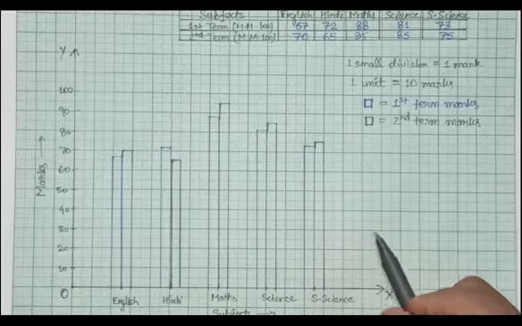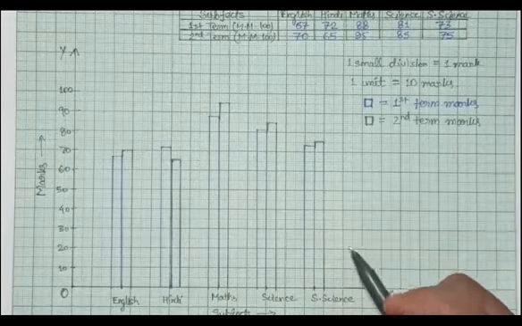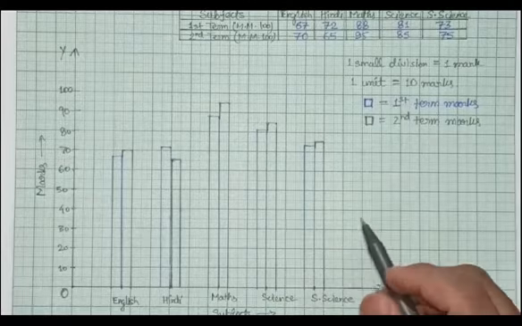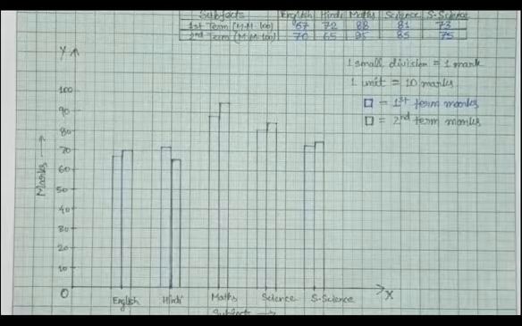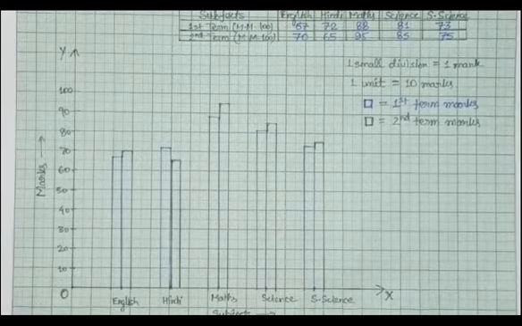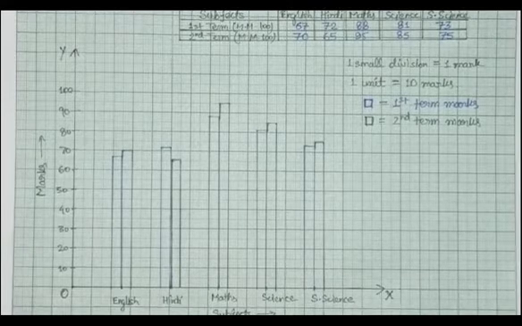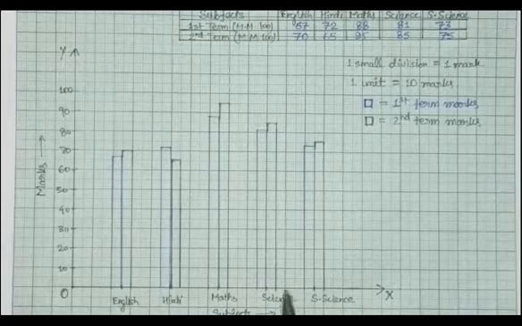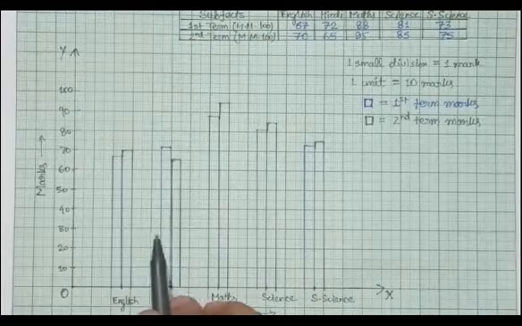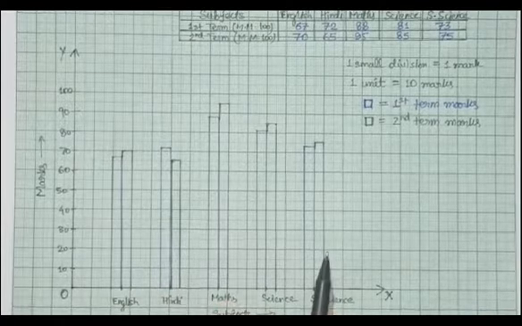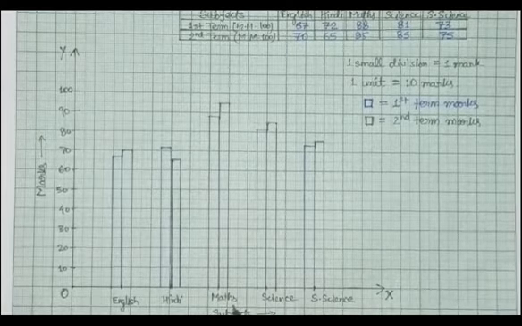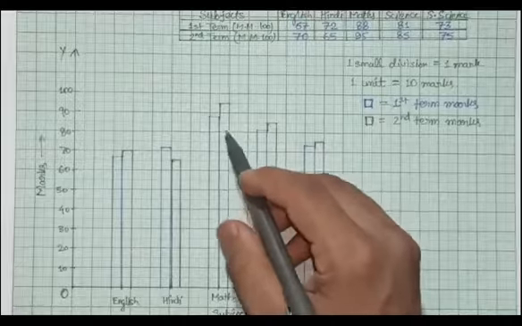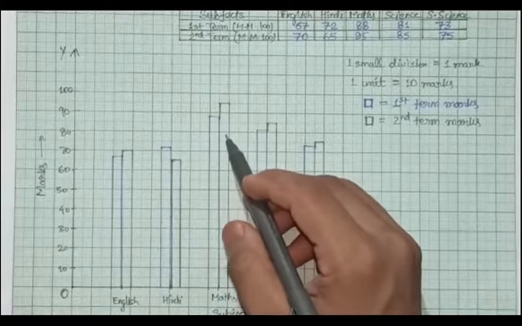But we have to find in which subject the child has improved the most. So we have to observe that subject in which the difference in the height of these two bars is maximum. So when you observe this double bar graph carefully, then you observe that in the subject mathematics, the difference in height of these two bars is maximum.